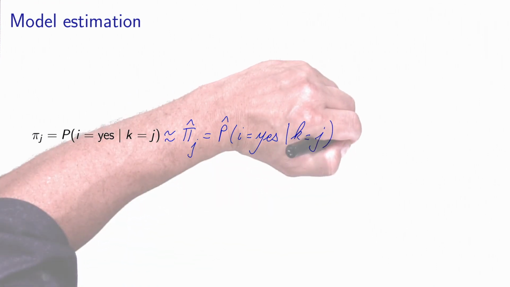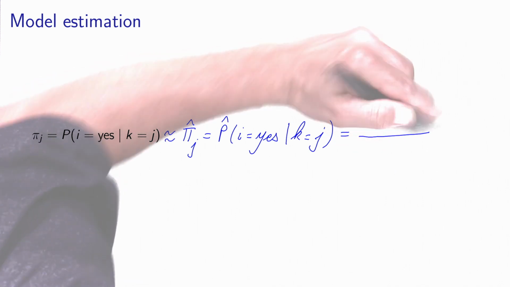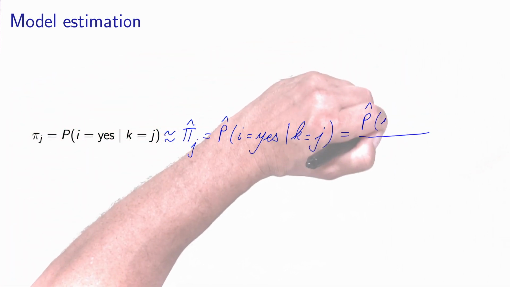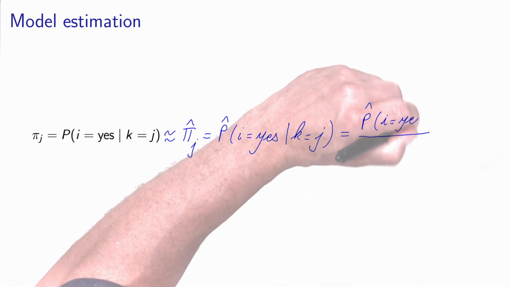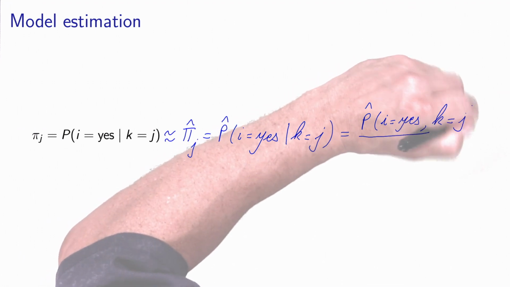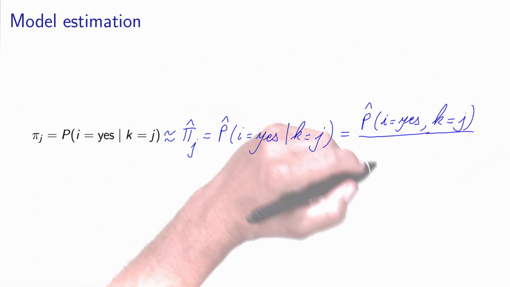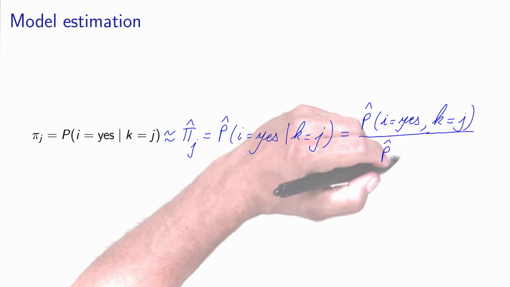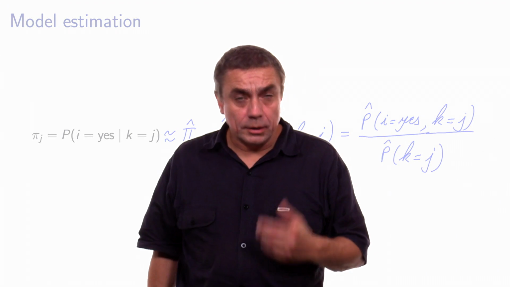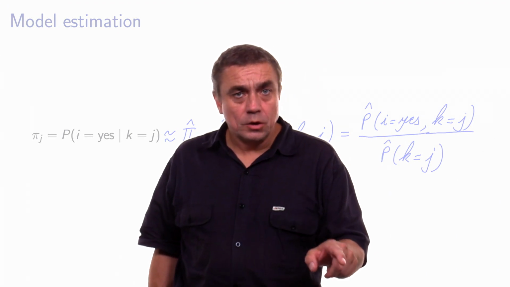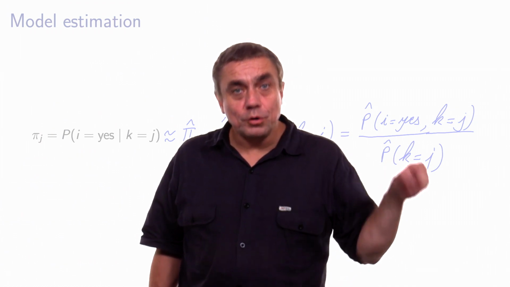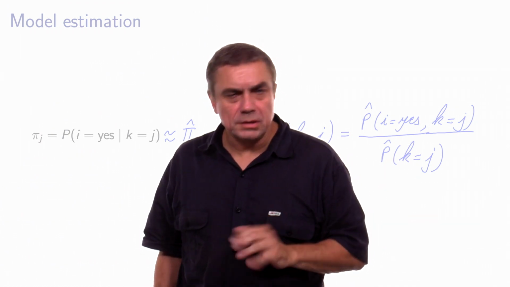And this can be calculated as the ratio between the number of people who said yes to the first question and j to the age category, divided by the total number of persons who are in age category j. And these two values can be collected from the contingency table. And now I suggest that you calculate the estimates of these three parameters, pi1, pi2, pi3, from the contingency table using this formula. It's very easy, we will see.